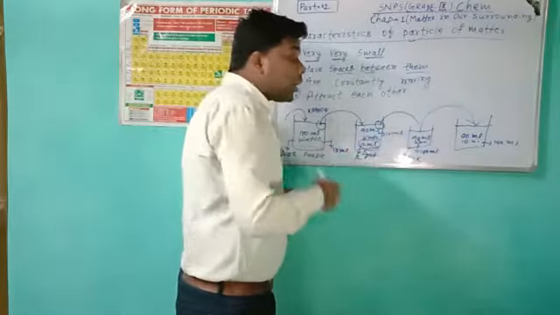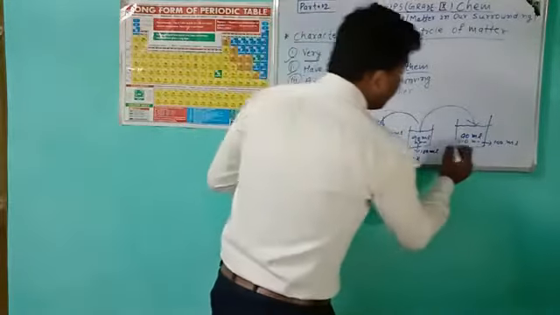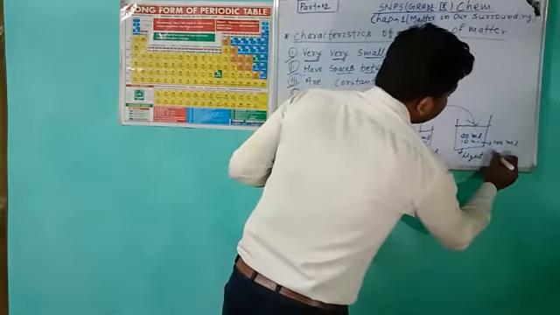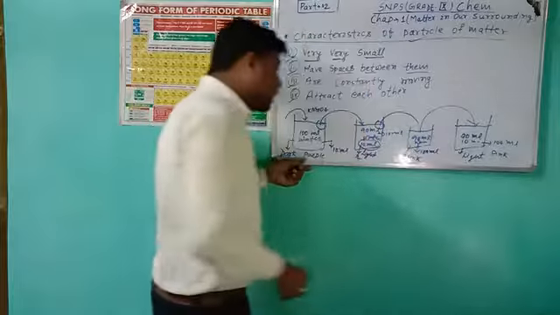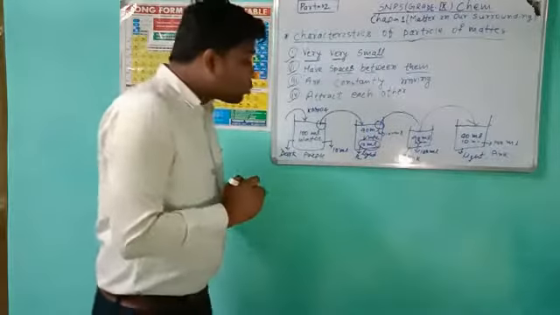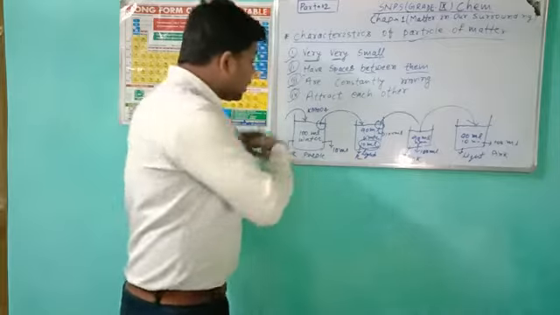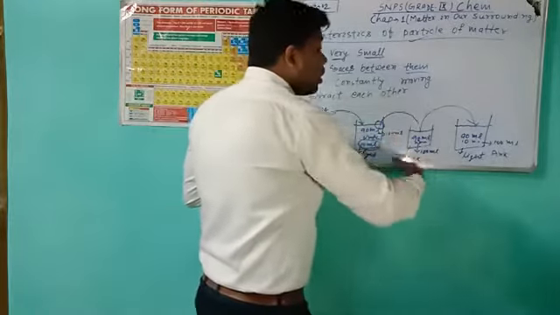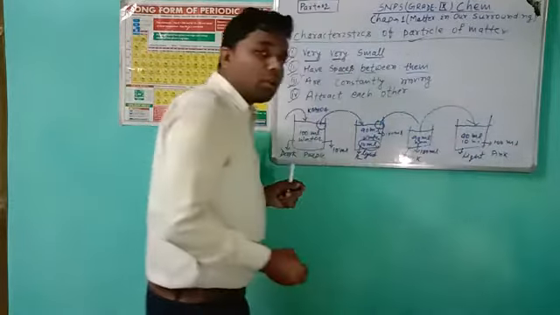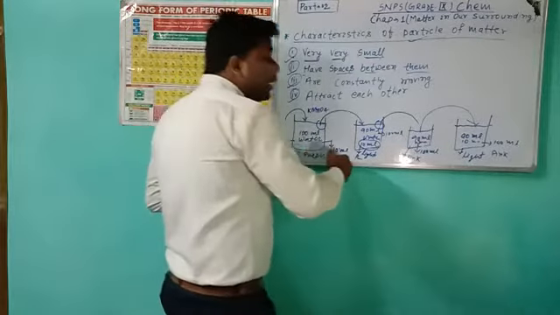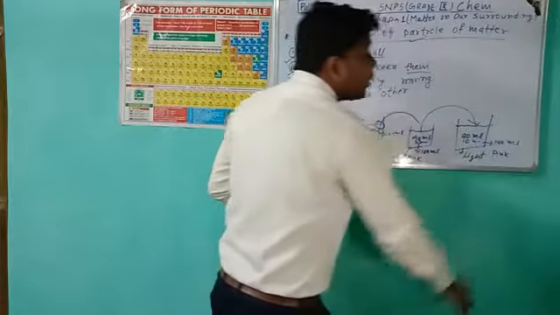Here the color of this beaker is light pink. So here we can see that a small amount of potassium permanganate can color a lot of water. It starts from dark purple and goes to light pink.